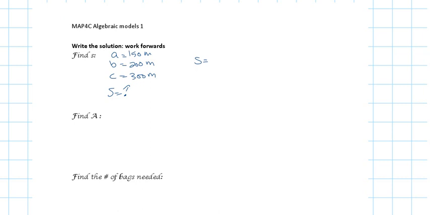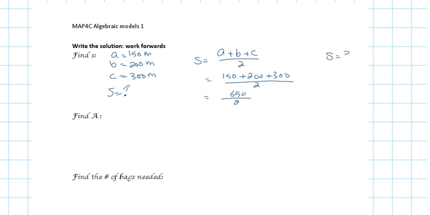Now I'm going to write down my formula, and then I'm going to substitute. So your answer for s should be 325 meters. When you're solving this kind of problem, you don't have to write a therefore statement for everything you find.